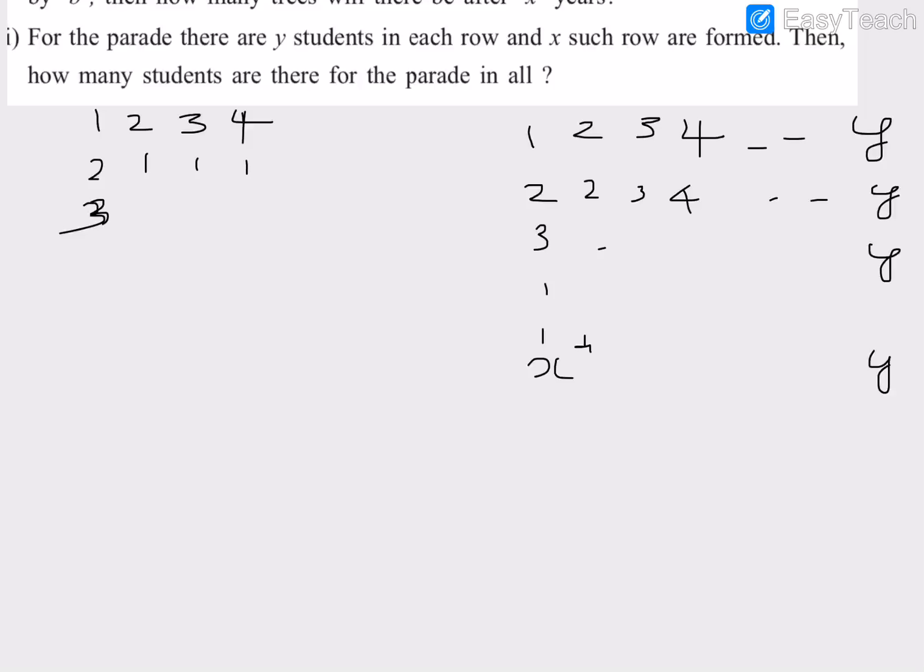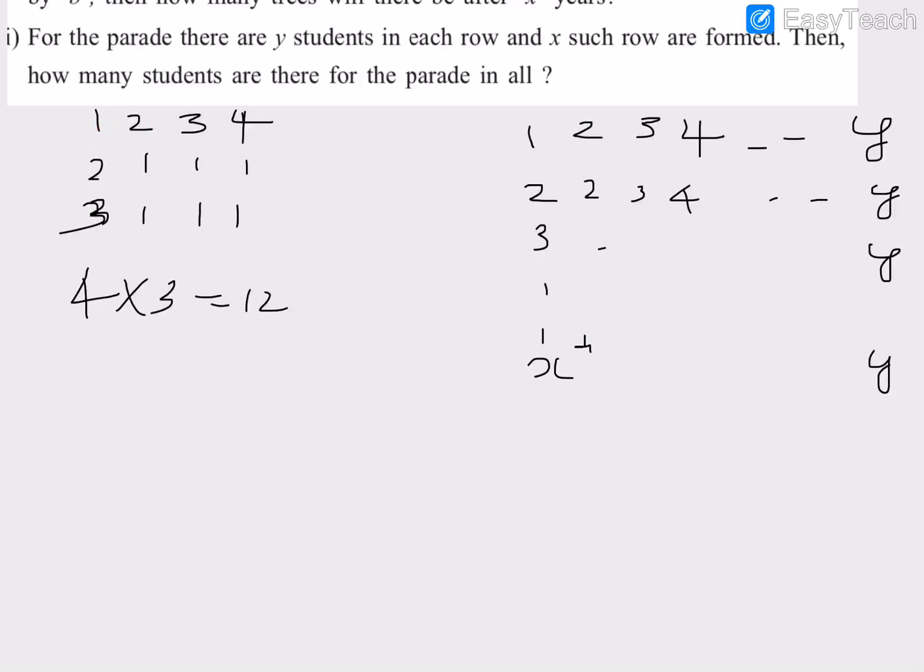So how will we find the number of students in this parade? We will find it by 4 into 3, that is 4 students in each row, and 3 rows are there.